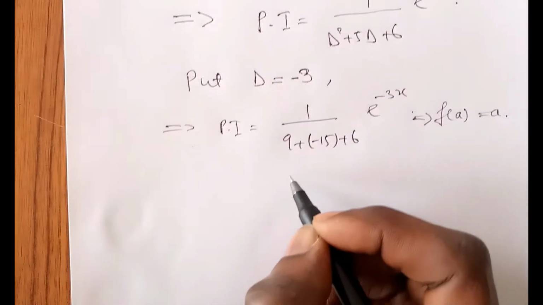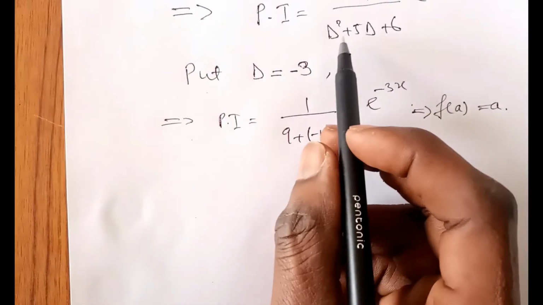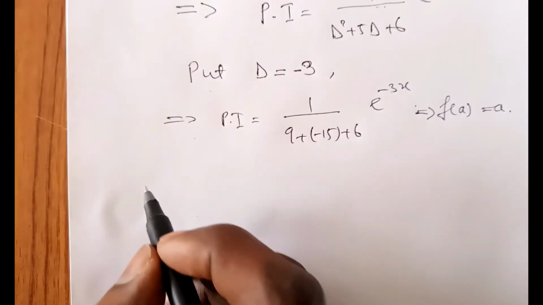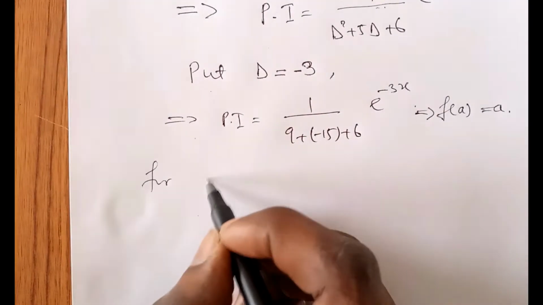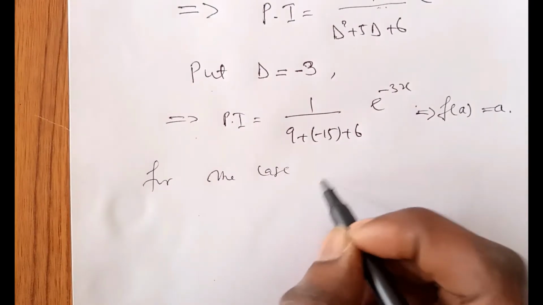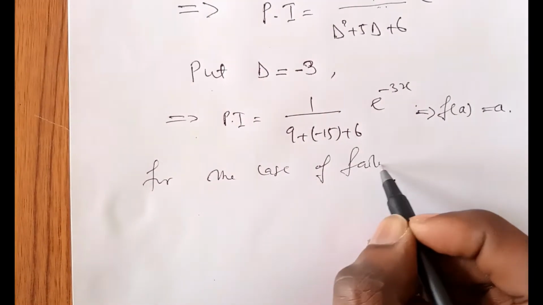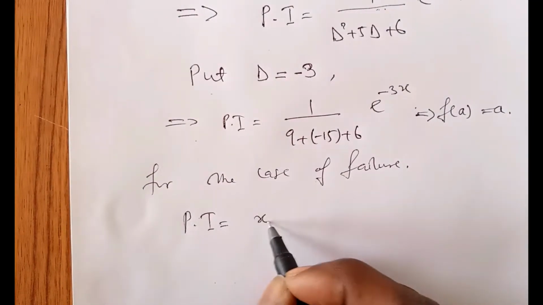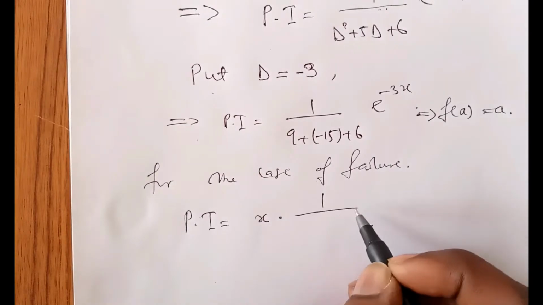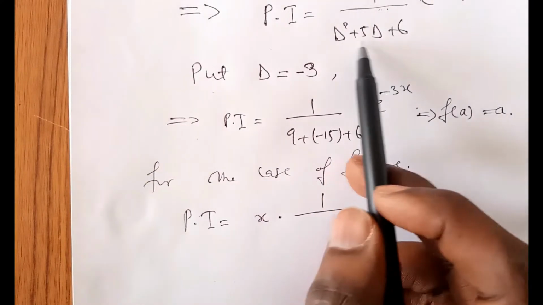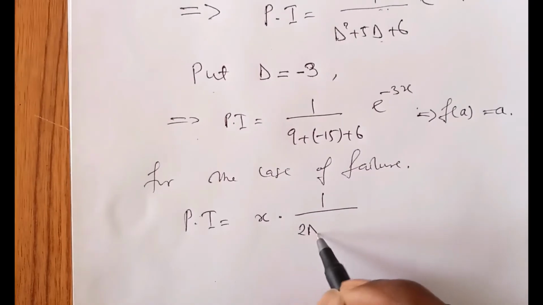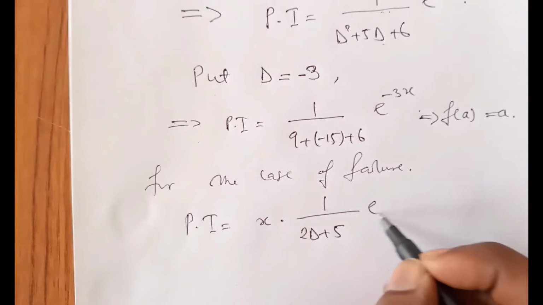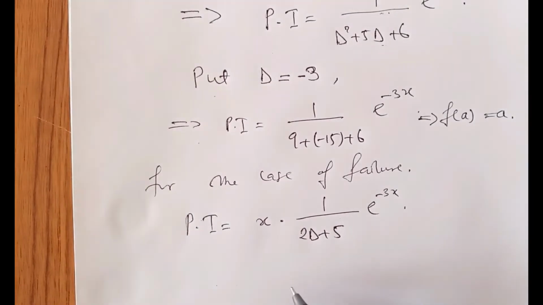So now we have to apply the case of failure, whereby we multiply by x and take the derivative of this. For the case of failure, the PI will be x multiplied by 1 over the derivative of this equation, which is 2D plus 5, and the derivative of a constant value is 0, multiplied by the function as it is.